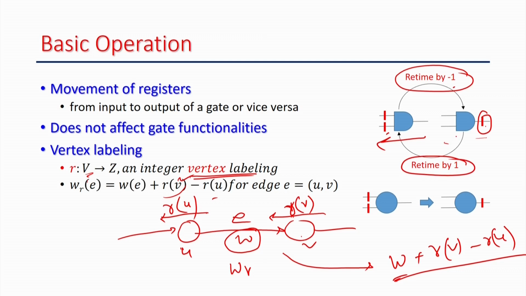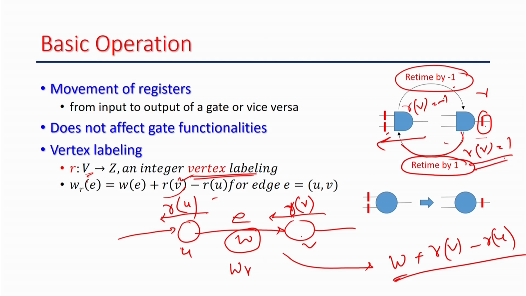So for this node, if this happens, the R v value will become -1. If this happens from this to this, then R v becomes 1, because that is the number of registers moved, as discussed. If R v equals -1, then I know a register from the input side has moved to the output.